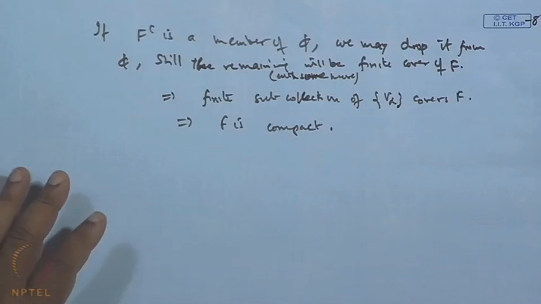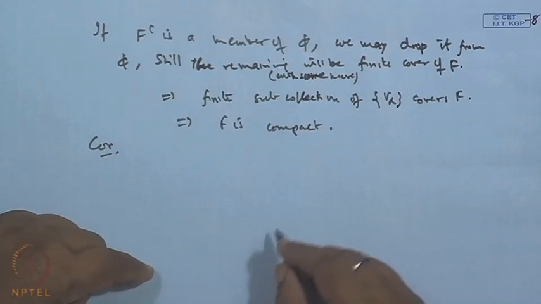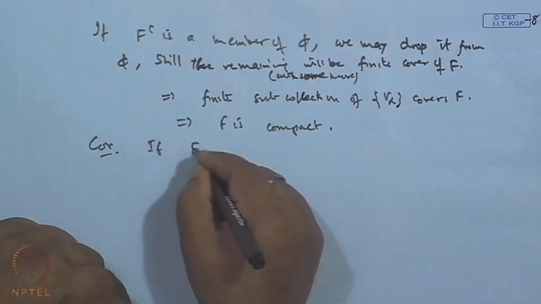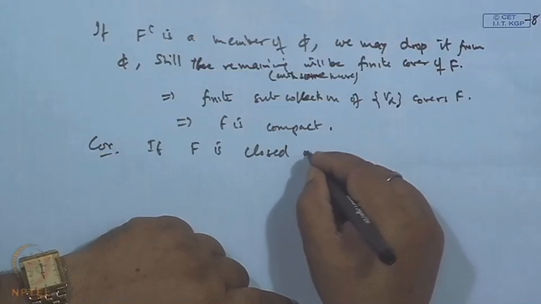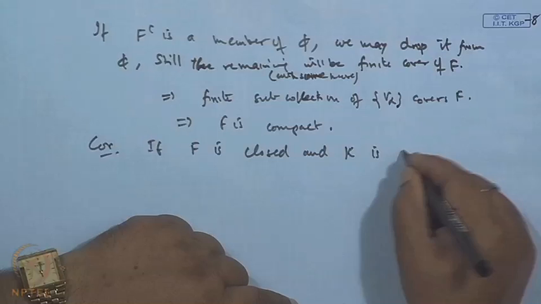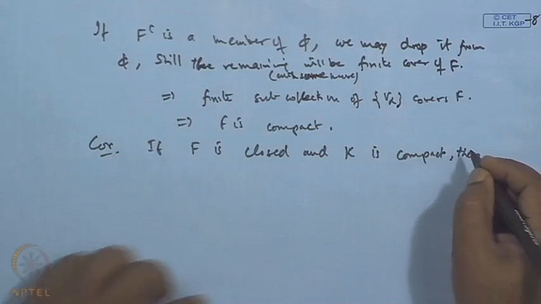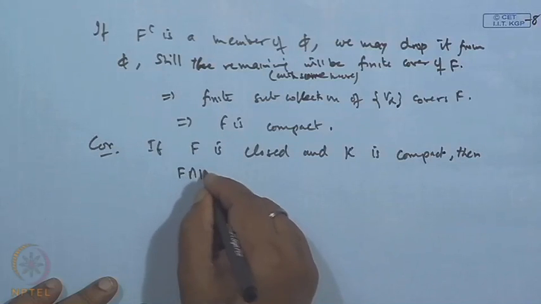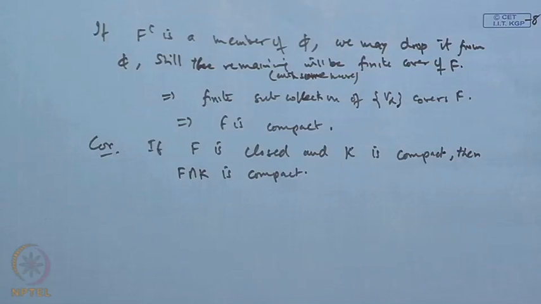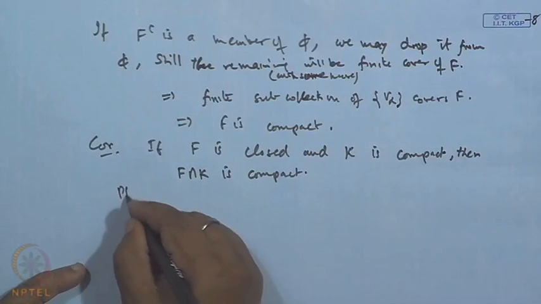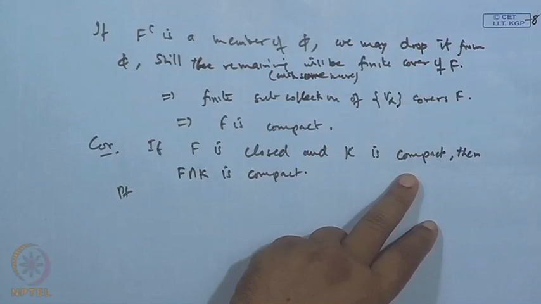So, that is very interesting. Now, as a corollary to this, if F is closed and K is compact, then F intersection K is compact. The proof is very easy. F is closed. K is a compact subset of X. Every compact subset of a metric space is closed.